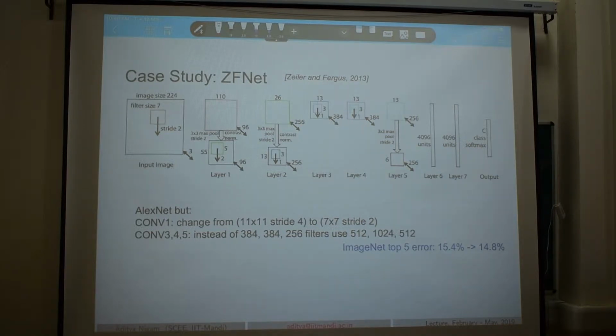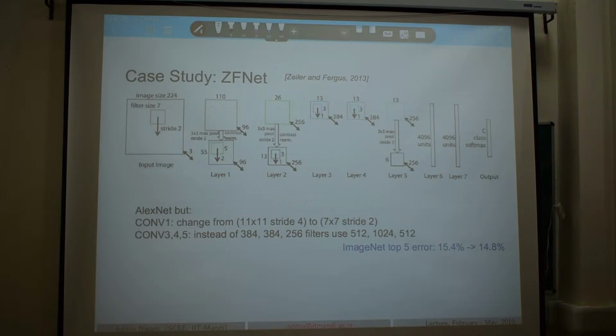The other thing is that conv 3, 4 and 5 had fewer filters before, and now they have more and more filters. So now it has more and more parameters.